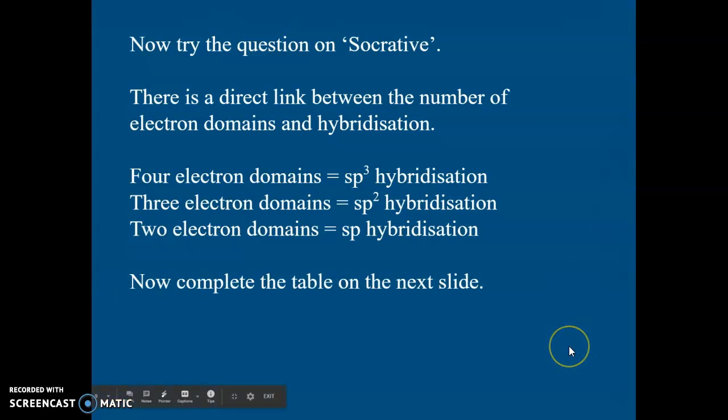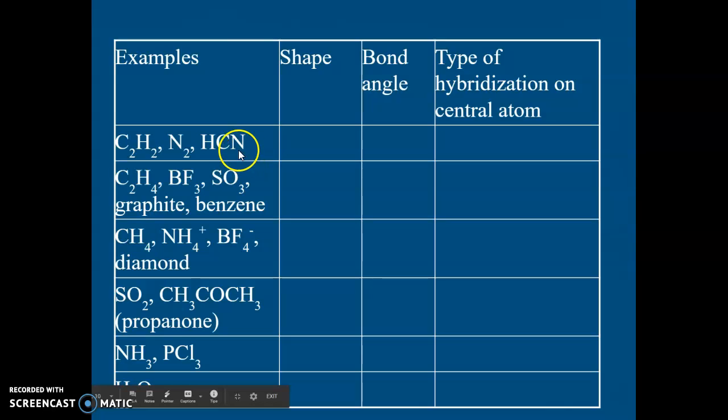So there's a little table on the next slide that I want you to do, and I'll send you a link to a Kahoot as well, but please bear that in mind. Okay, work out the shapes of these and the bond angles, and based on those shapes, what's the type of hybridization? Okay, so have a look through those. There are no tricks.